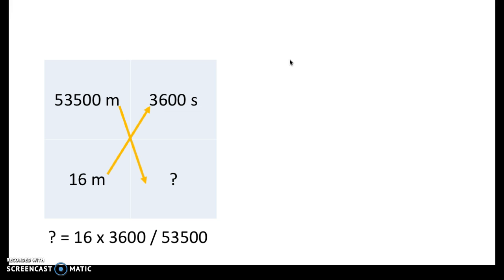Now let's look at the approach of cross multiplication, which is more of a procedural approach. We can transform our table into an equation, and on the left side we have our unknown variable, and on the right side we put together our known variables.